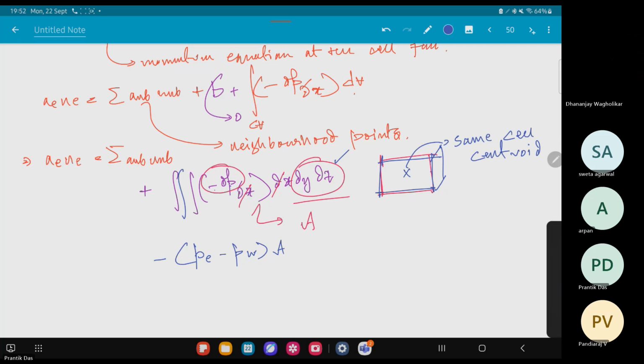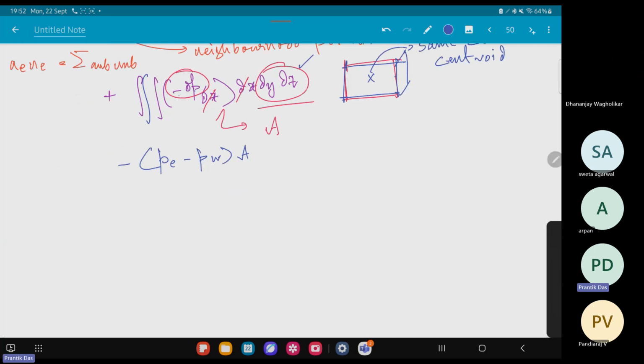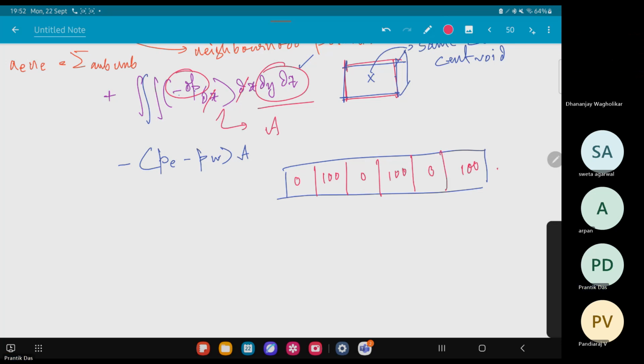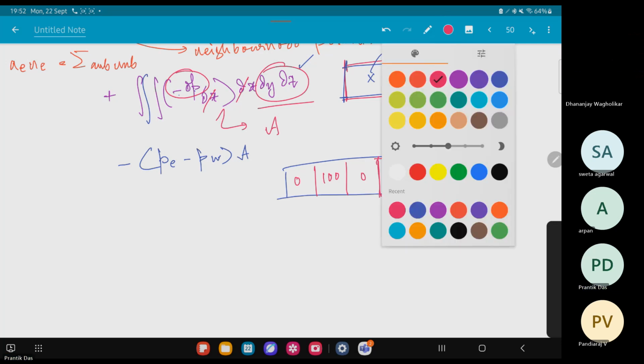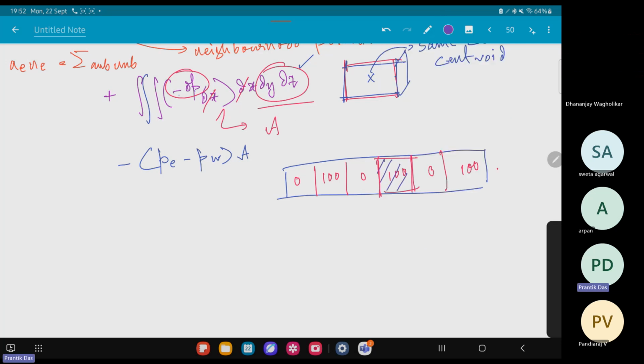Yes, sir. Okay, so then if I have a checkerboard kind of arrangement where the values are 0, 100, 0, 100, 0, and 100. My cell of interest is this one, which I'm demarcating by using a hatch line. This one is your east face, this one is your west face.